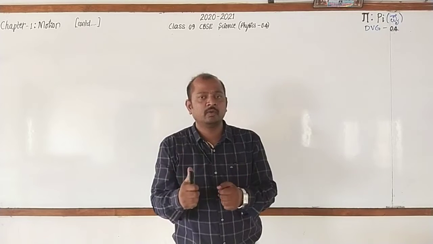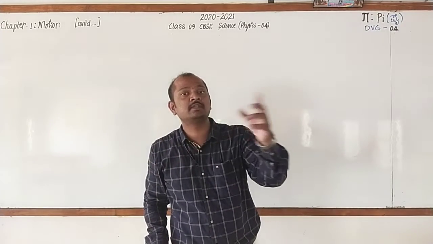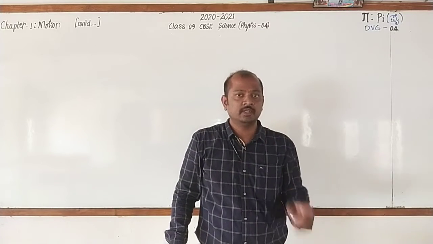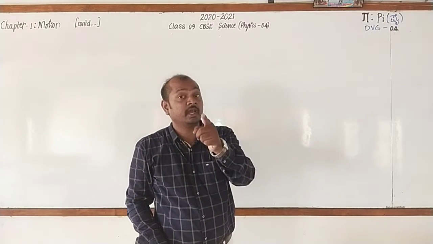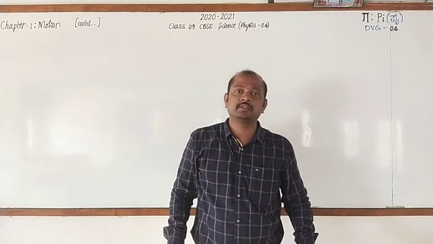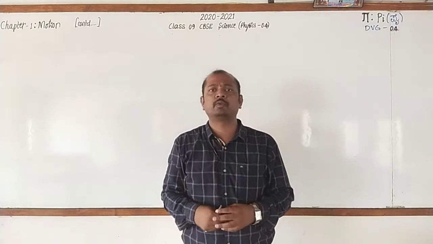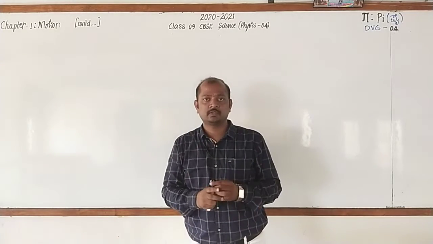Can you tell what you call the physical quantity which represents the change in velocity of a body in unit time? Yes, your guess is right. It is acceleration, right? So today we are going to learn the concept called acceleration. It is one of the most familiar words to us, because many times we have used it.